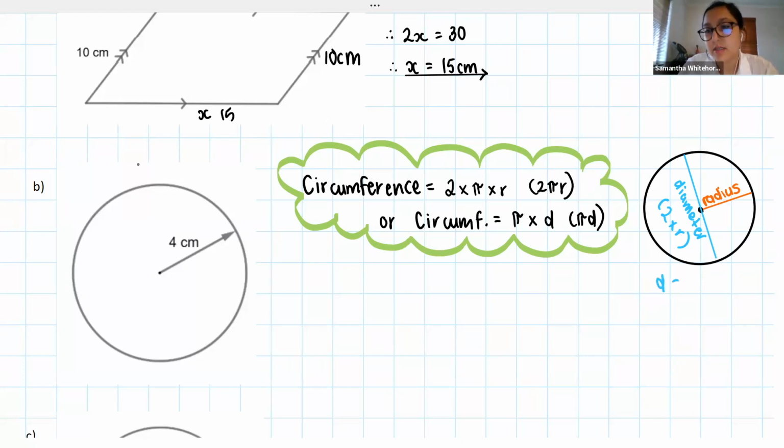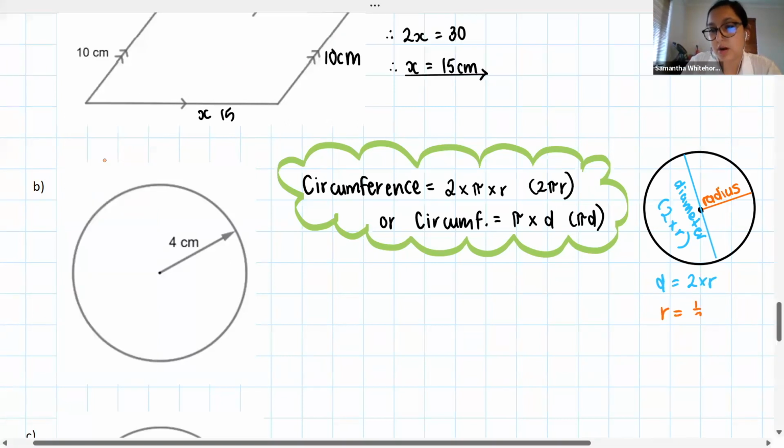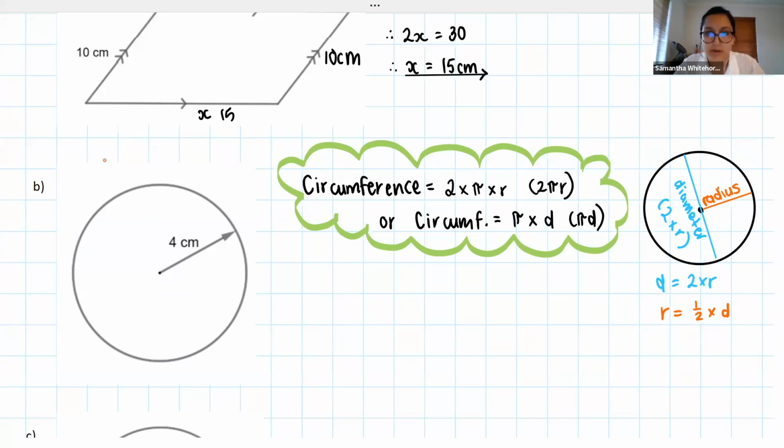So diameter is equal to 2 times your radius. Your radius is equal to half your diameter, or diameter divided by 2. So those are 2 important lines in our circle that we need to know.